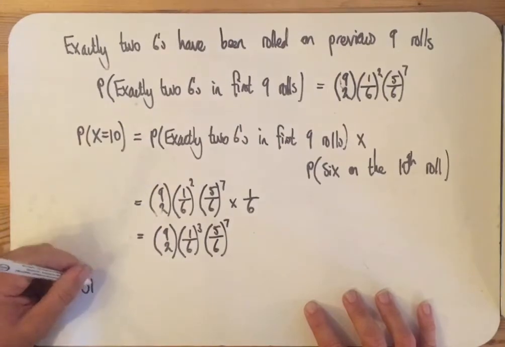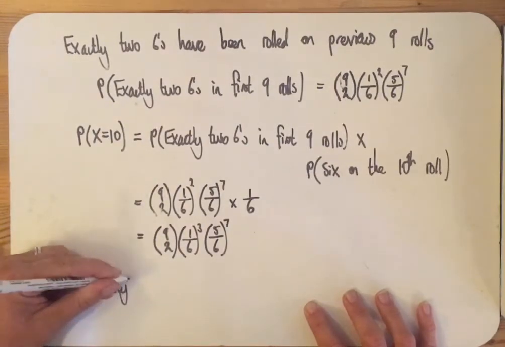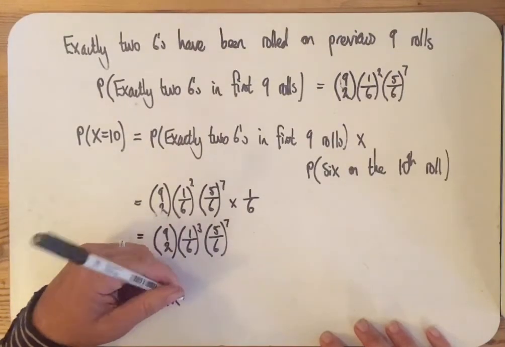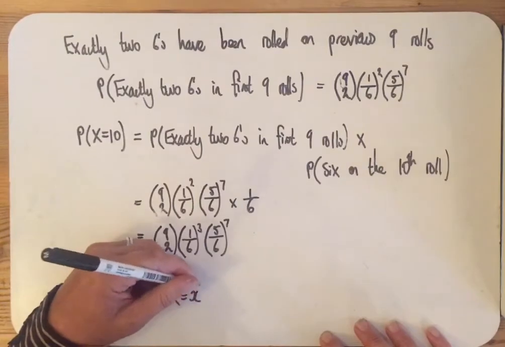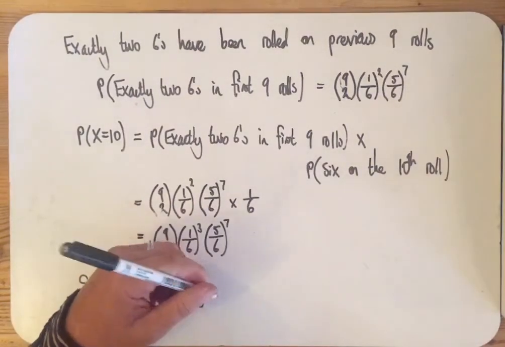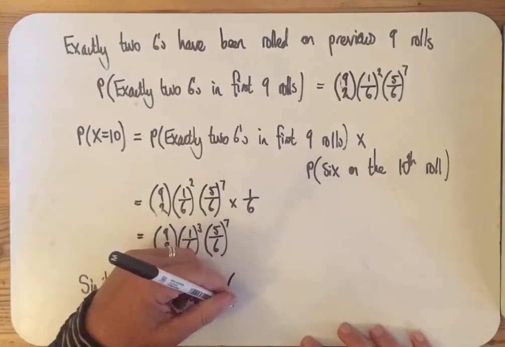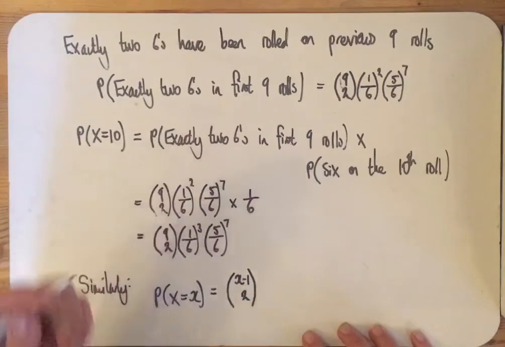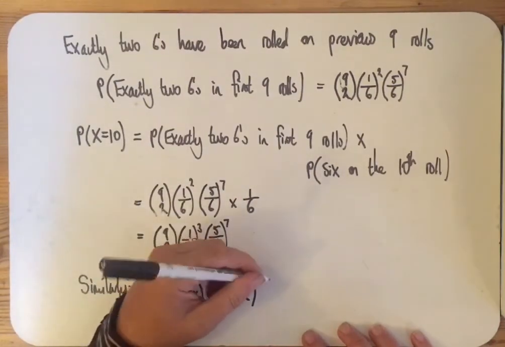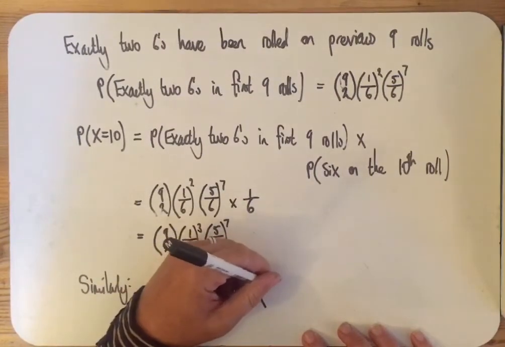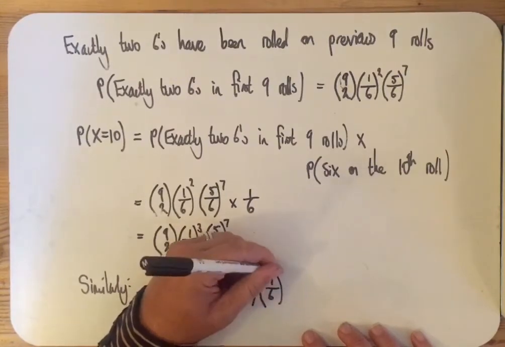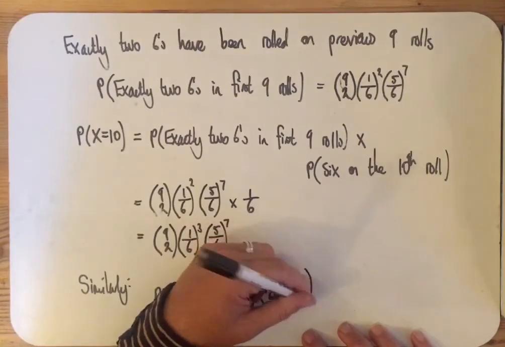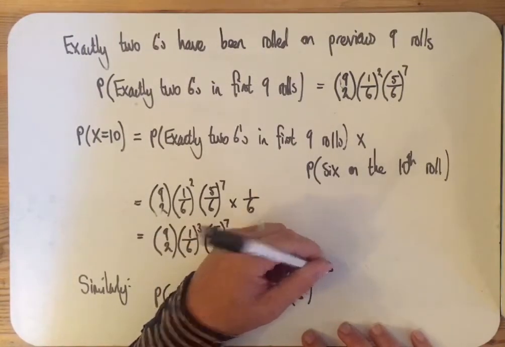So similarly, the probability that X equals x, remember x is greater than or equal to 3, is going to be x minus 1 choose 2, (1/6) cubed, (5/6) to the power of x minus 3.